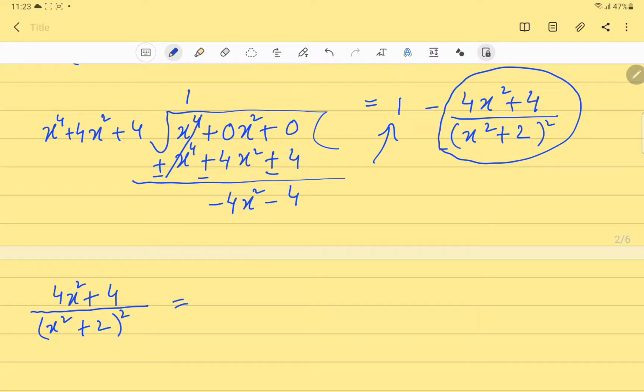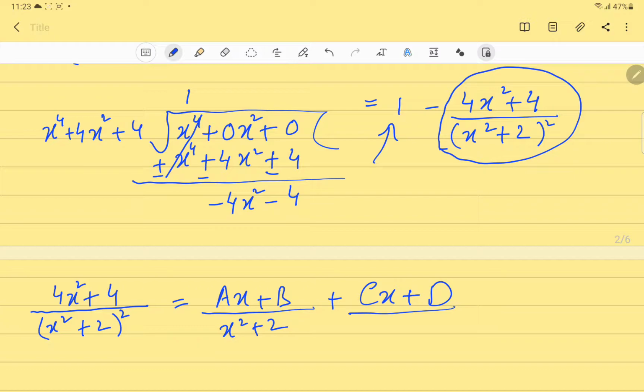We'll be writing it like ax plus b over x squared plus 2, because the factor that we have is a repeated quadratic factor, so it will have another partial fraction also, cx plus d over x squared plus 2 whole squared.